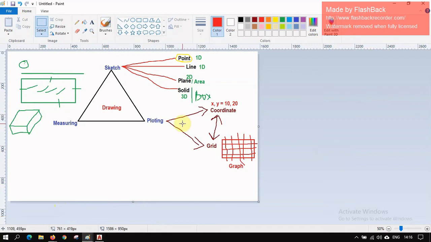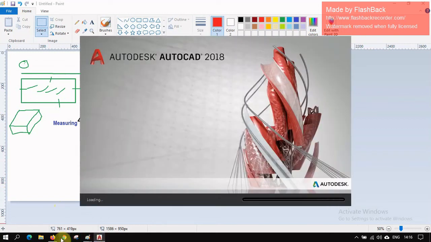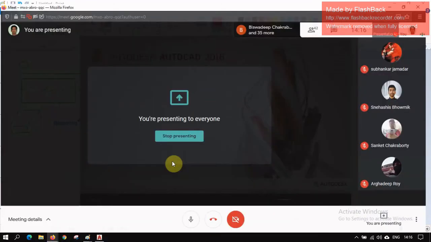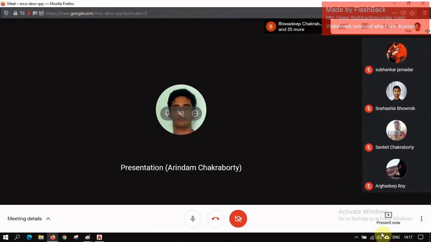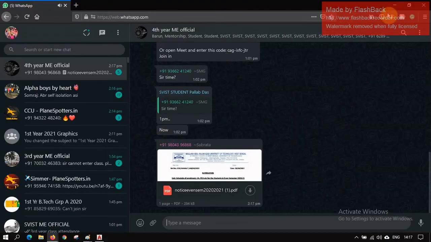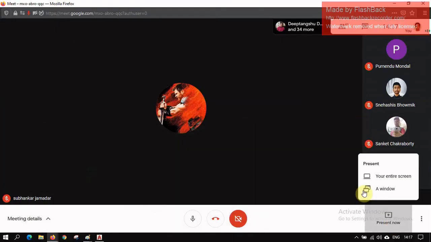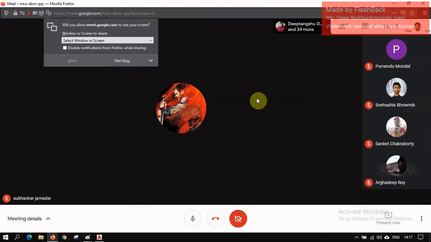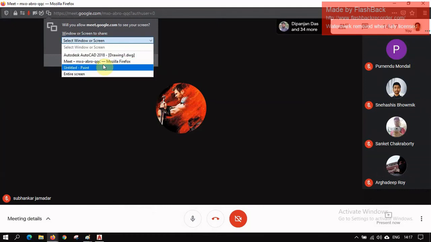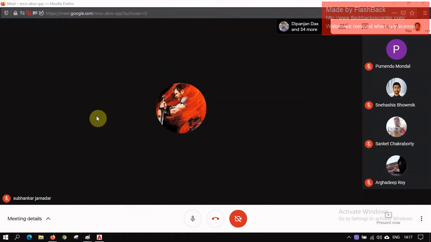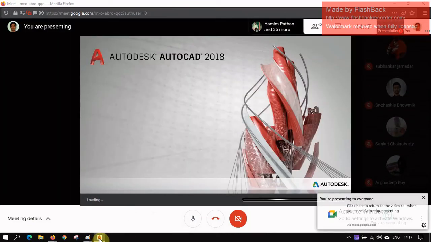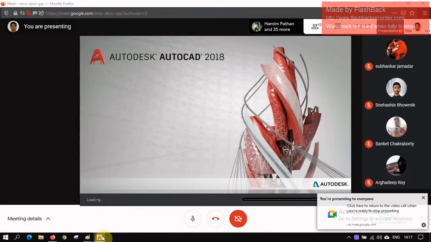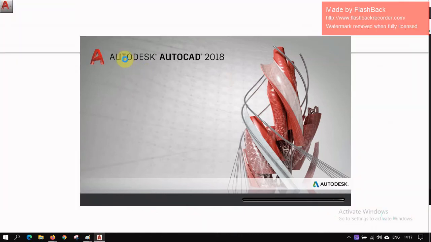Just give me a sec, let the software get on. Now let me show you. This will be very interesting for you people. Can you see an interface written Autodesk AutoCAD 2018?